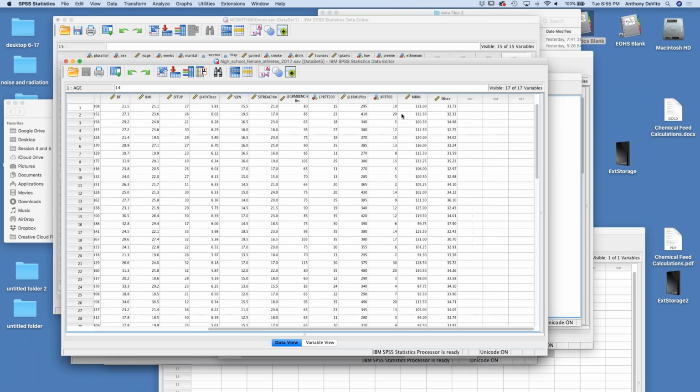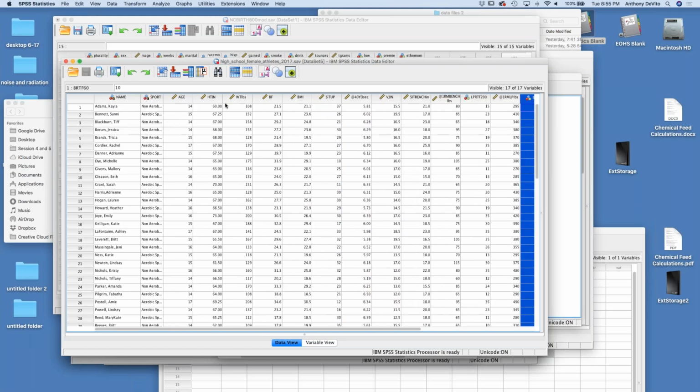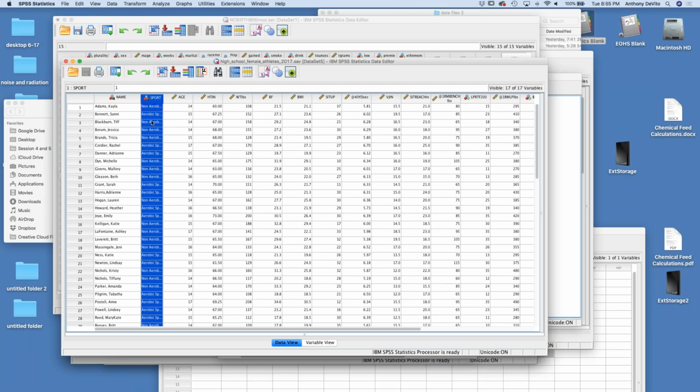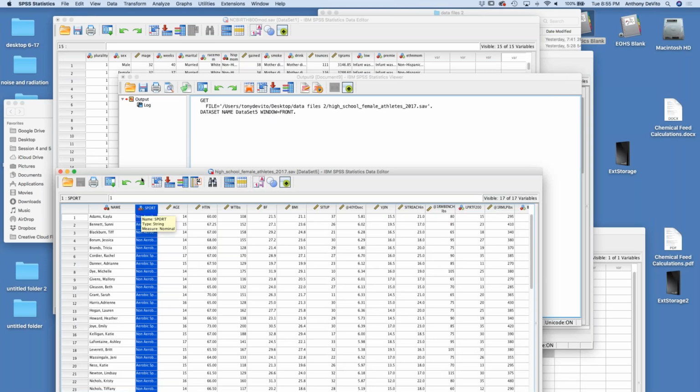I'm looking for another categorical variable here. I don't see one that contains 3 values. Non-aerobic, aerobic. This is not going to be a good data set for us. I don't have a categorical variable that has 3 values.